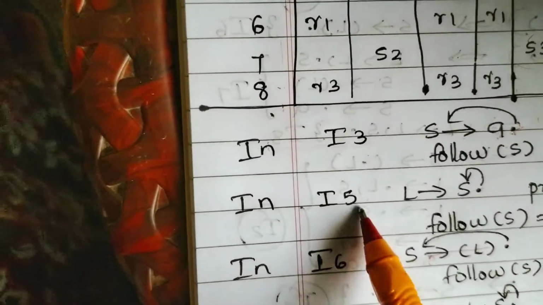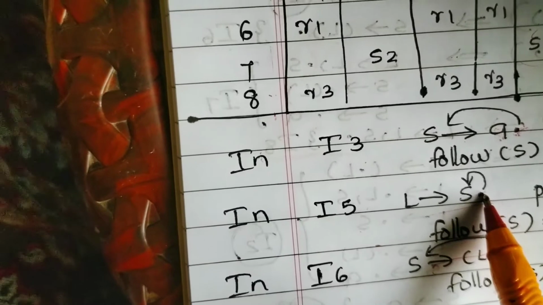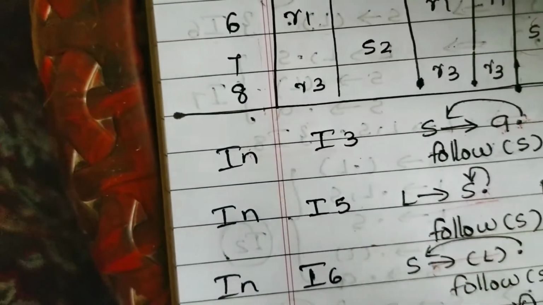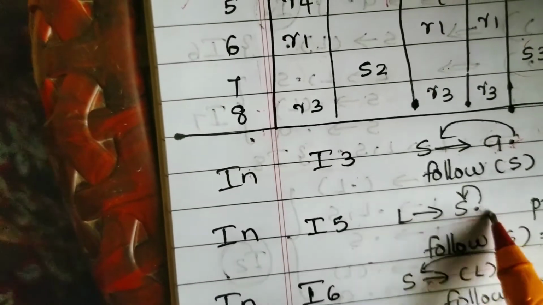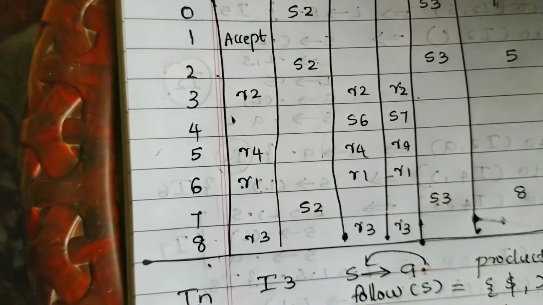Similarly in I5, it is production number 5. Immediately after the dot, S is present, a non-terminal, and follow of S is the same symbols. This production number is R4, so you have to write R4 in the 5th state. So you are writing to the respective places. Similarly, I6, this is a production, right?